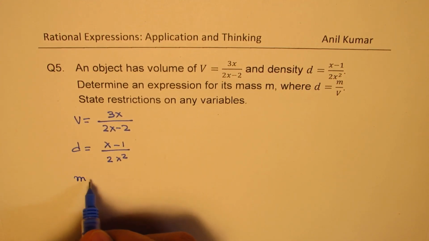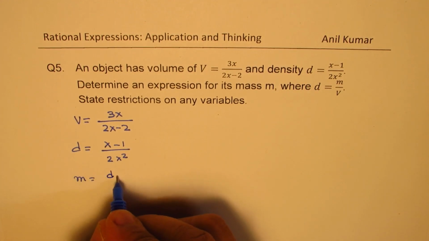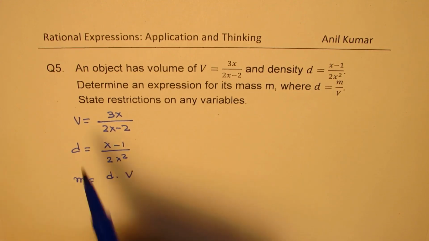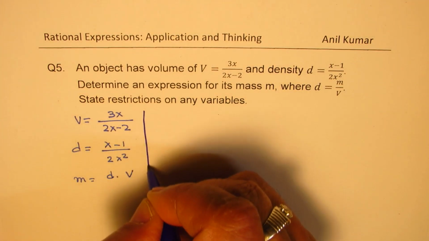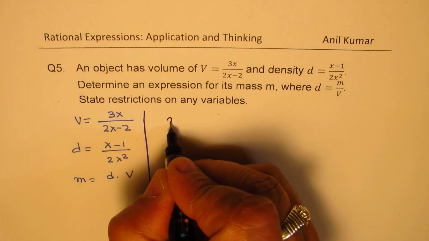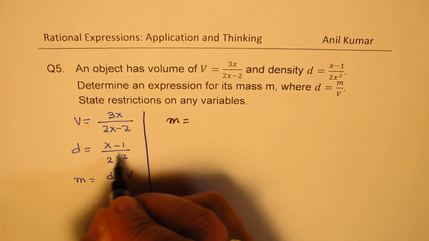So if I want to find what mass is, we'll cross multiply. So mass equals density times volume. Okay? So that becomes our relation. So we are going to multiply these two to find the mass. So mass will be volume times density.